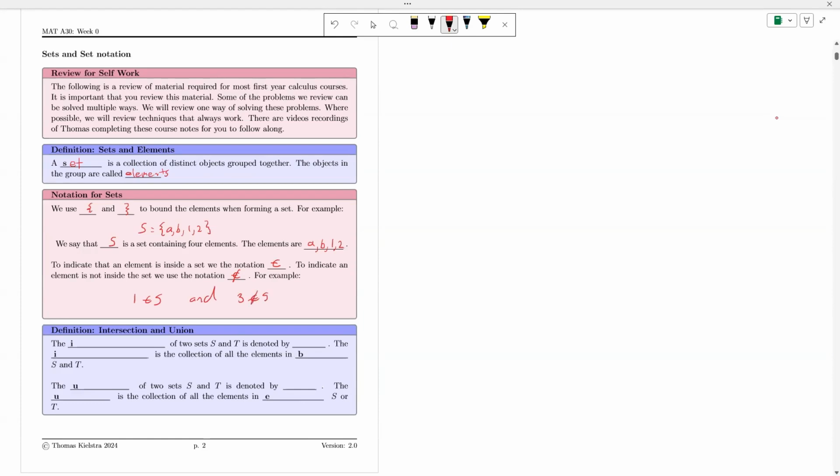Now, with sets, we can have intersections and unions. The intersection of two sets S and T is denoted by S intersect T. The intersection is the collection of all elements in both S and T. The union, however, of two sets, S and T, is denoted by S union T. The union is the collection of all elements in either S or T. Now, to understand this, I find it's typically easiest to think about a Venn diagram, or two circles coming together.